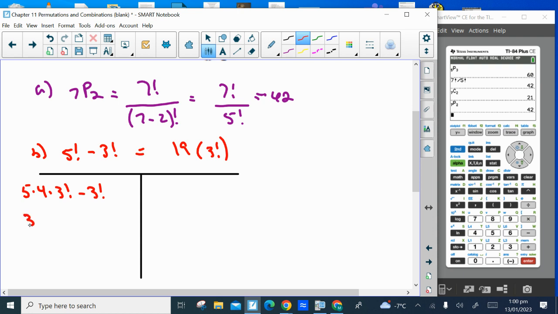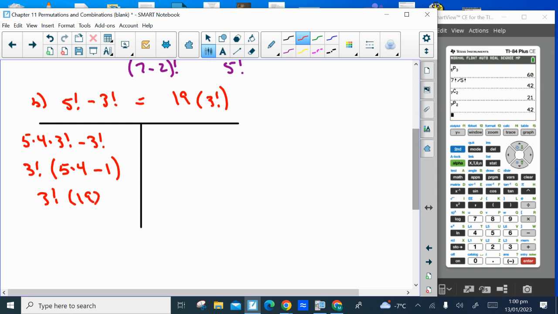So now I can take out a common factor of 3 factorial, and I'd be left with 5 times 4 from the first term minus 1 from the second term. 5 times 4 is 20, take away 1 is 19, and there we go. We've shown that that is equal to 19 times 3 factorial. Okay, so that one is done.